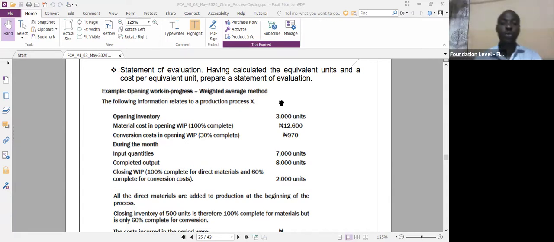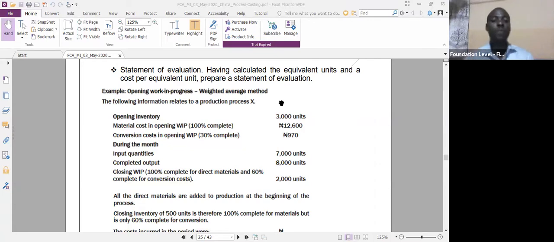All right, so now let's look at this opening work in progress weighted average method that we are given. We have product X and process X. And we are told that we have opening inventory. Now, our opening inventory has material cost in opening work in progress.